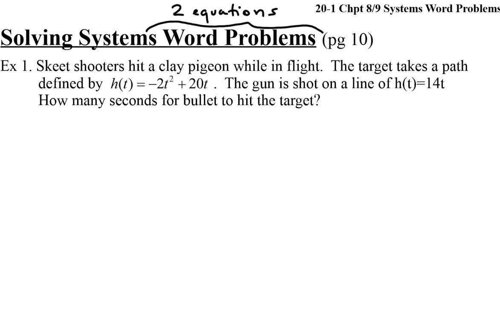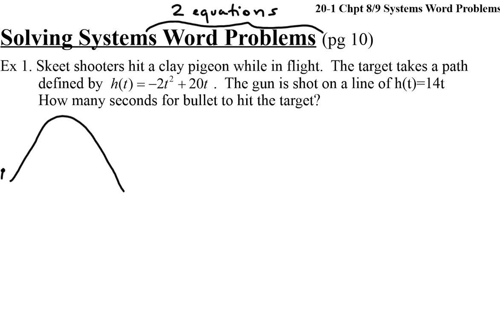Question number 1. Skeet shooter, doesn't refer to it, but it's a clay pigeon. It hits in flight. So you maybe see it in movies, or maybe you've done it. Someone stands and says, release or shoot or something, and a clay disc gets sent into the air in a parabolic trajectory.